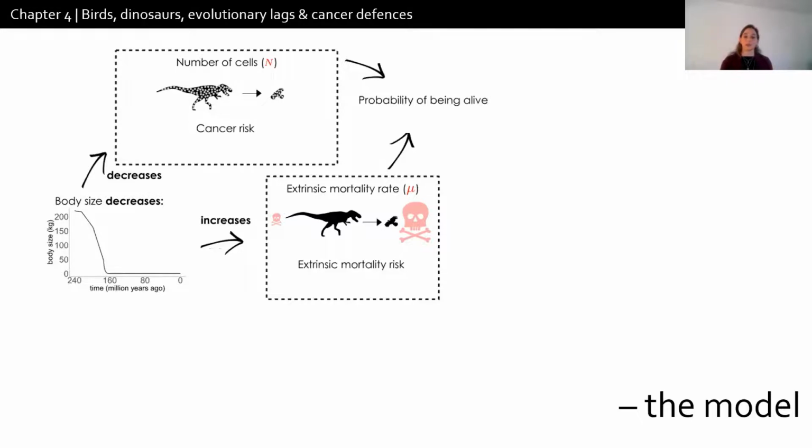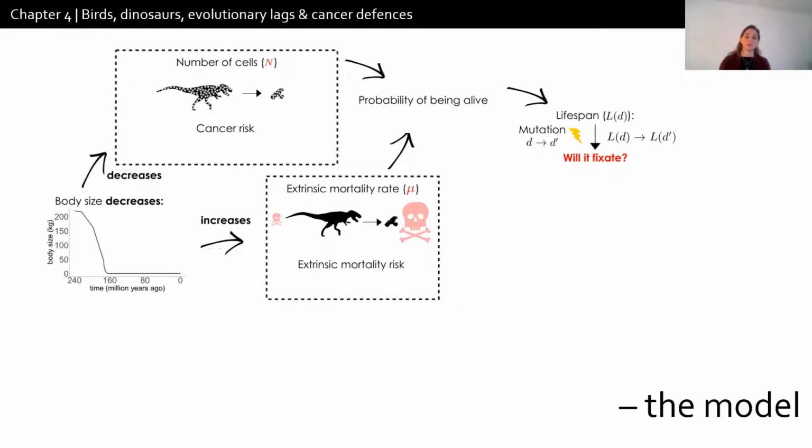And with that, we calculate the probability of being alive and use it to get to lifespan. So this lifespan depends on cancer defenses in our simulations, shown in D here. And what we do is we let mutations happen that change cancer defenses and thereby change lifespan. And the question is, will these mutations fixate in the population?